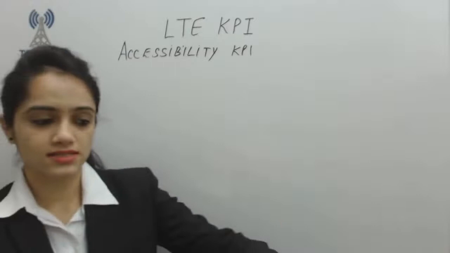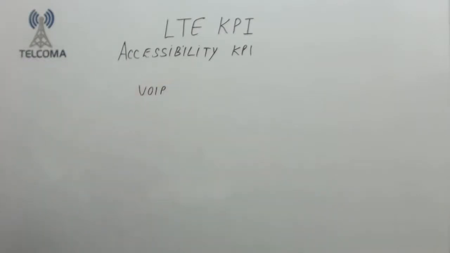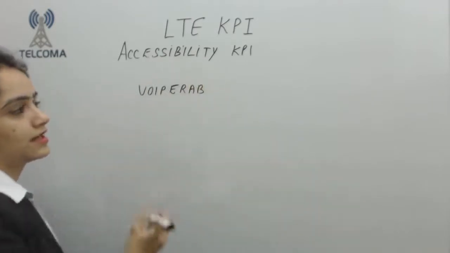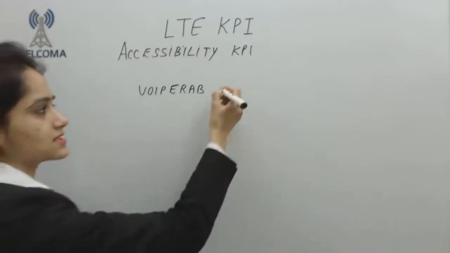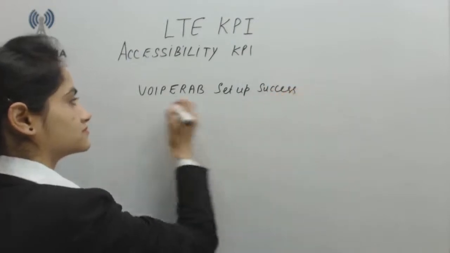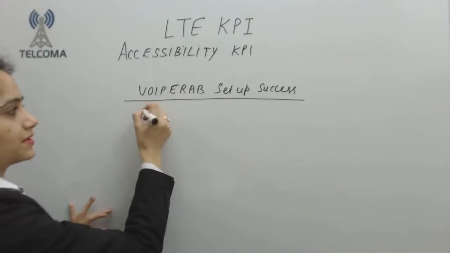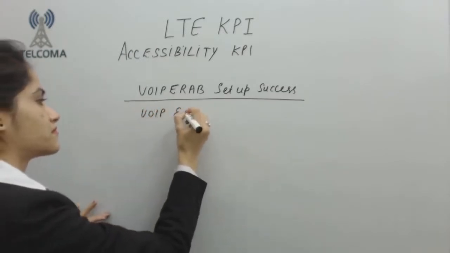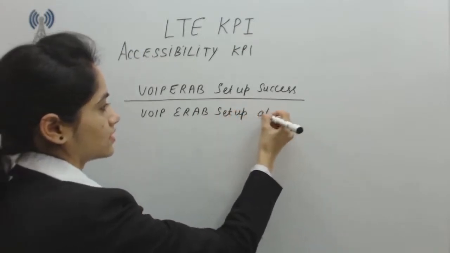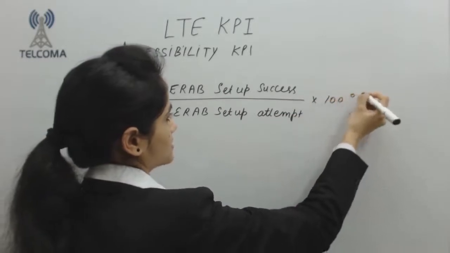Now the KPI for this is VoIP. As we are using the VoIP service, we have VoIP E-RAB setup success upon VoIP E-RAB setup attempt, multiplied by 100%.